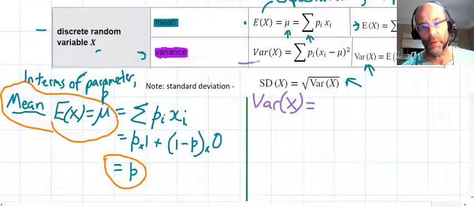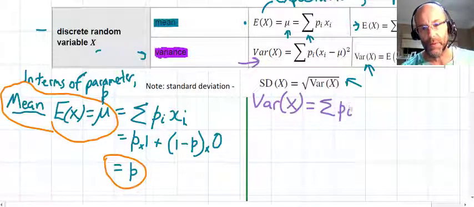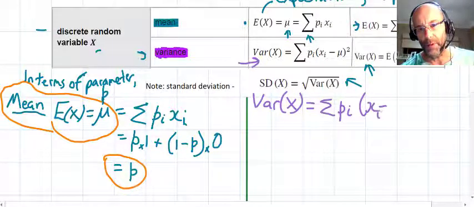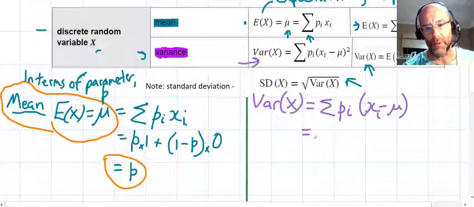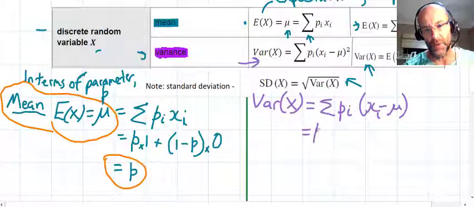I'm going to do this one in real time here, and we've got sigma p sub i by the square of x sub i minus mu. And that means we have to add all those corresponding things together. Okay, we've only got 2, remember, so the first one, let's go for the success now. The probability of success is defined in terms of lowercase p as lowercase p.